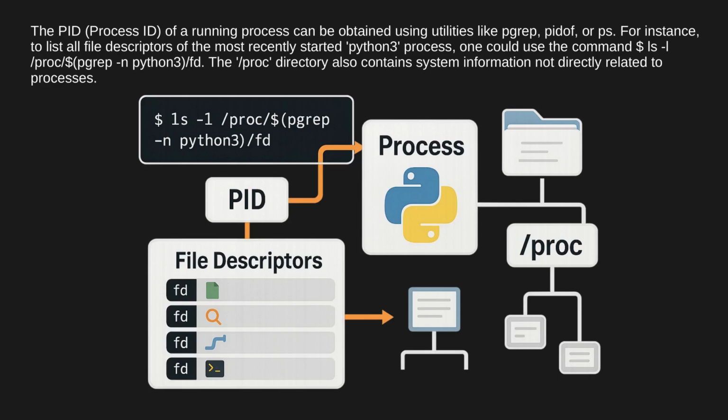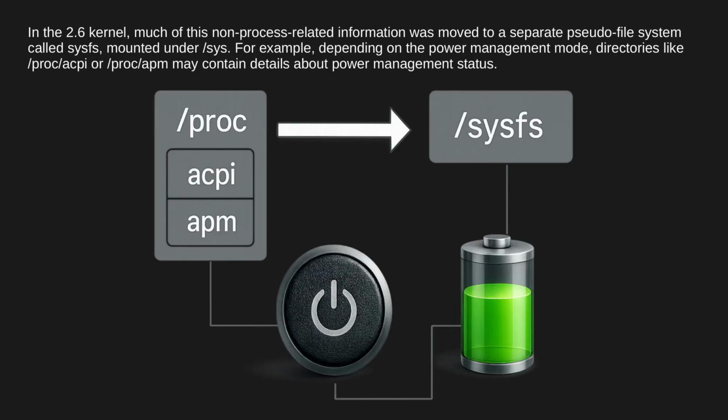This /proc directory also contains system information not directly related to processes. In the 2.6 kernel, much of this non-process-related information was moved to a separate pseudo file system called sysfs, mounted under /sys. For example, depending on the power management mode, directories like /proc/acpi or /proc/apm may contain details about power management status.